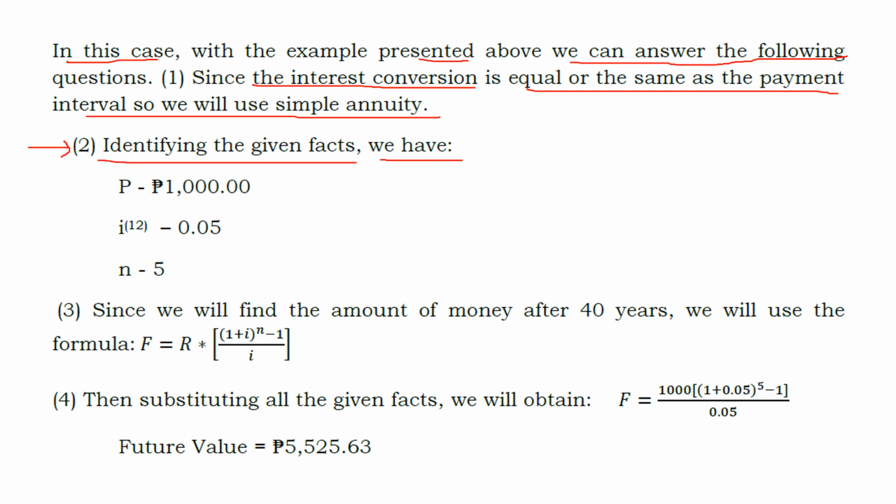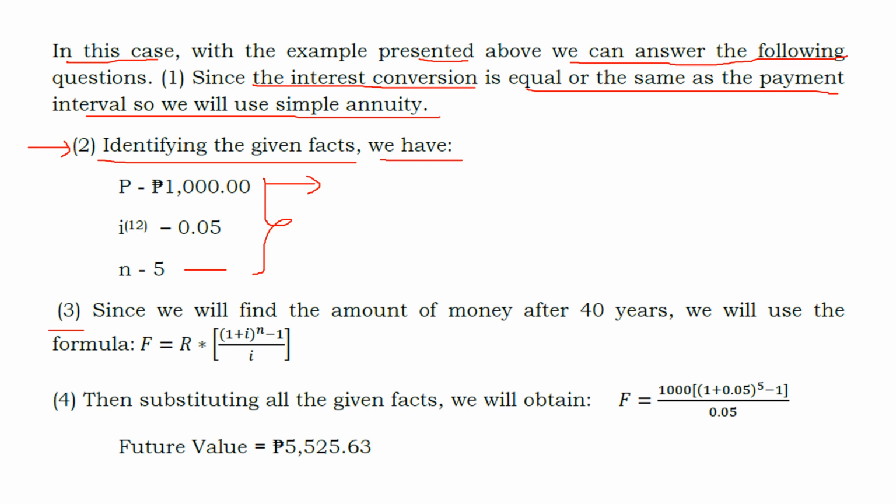We have for your R, which is your 1,000 pesos, and your I of 0.05, that will be 5%, and your N is 5. So we're going to use these facts from the given values on the example presented a while ago.